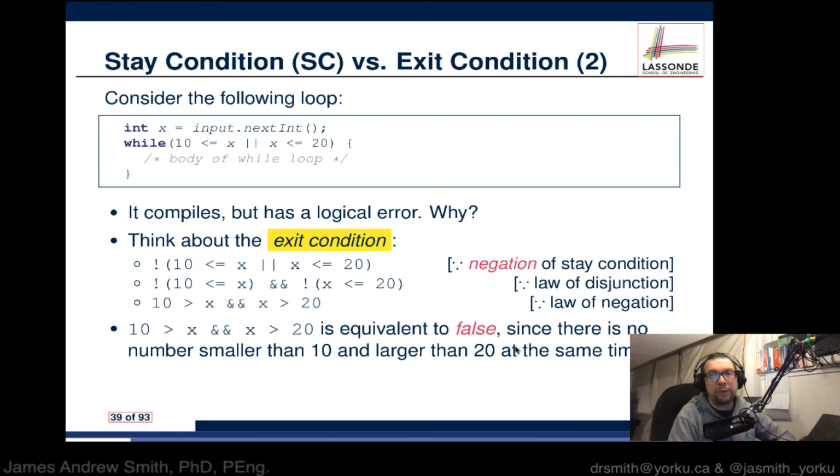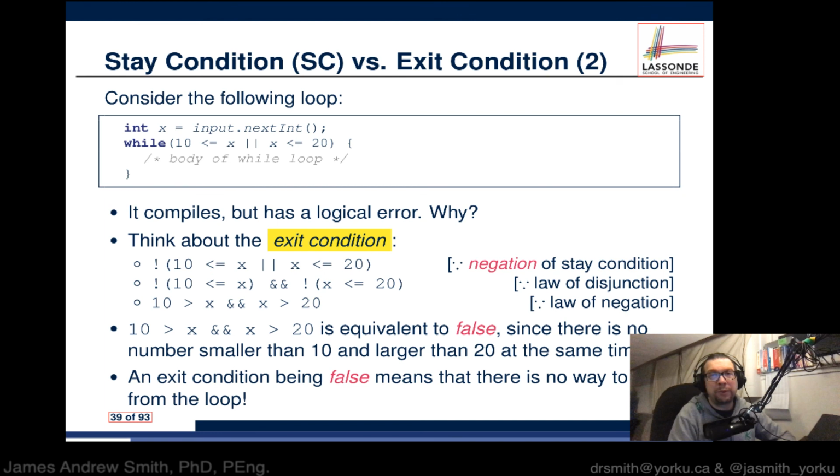That's not going to happen. So x less than 10 and x greater than 20 is false. You can't do that, since there are no numbers that are both smaller than 10 and larger than 20 at the same time. So the exit condition being false means that there's effectively no way to exit the loop.